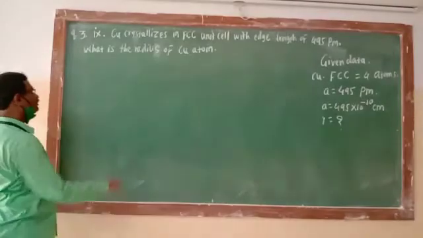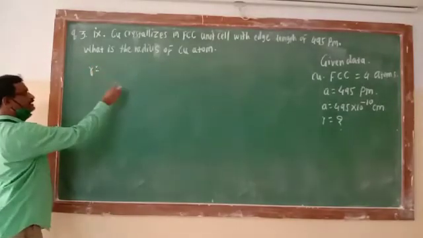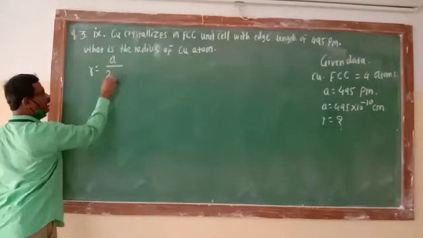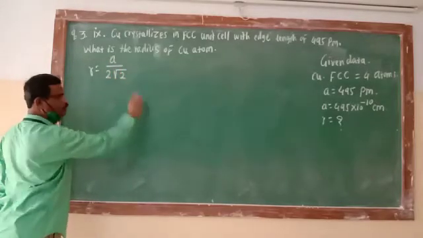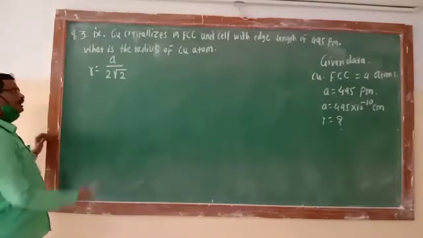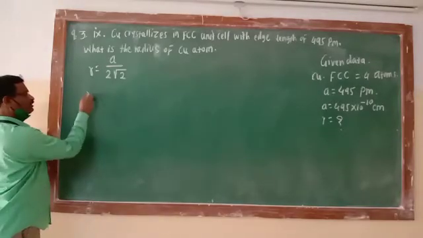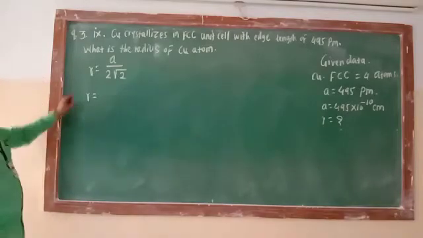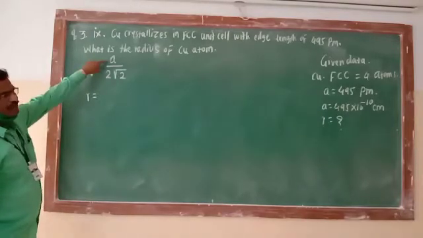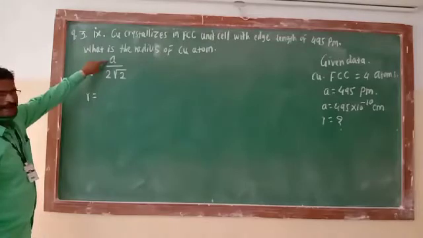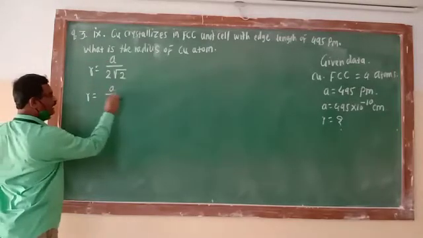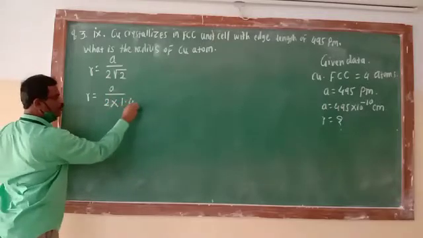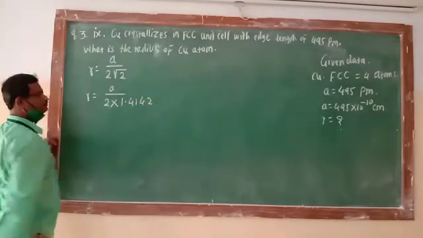So we know the radius r for FCC has the formula a upon 2 root 2. We have solved this already. So r will be equal to a divided by 2 into square root of 2, which is 1.4142.